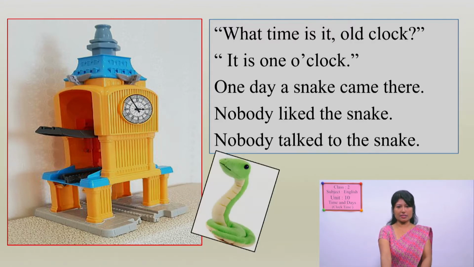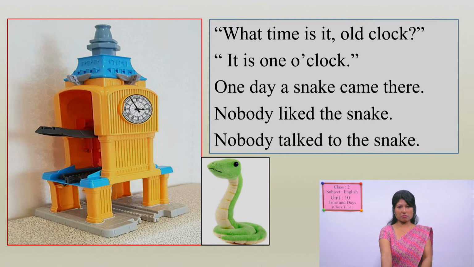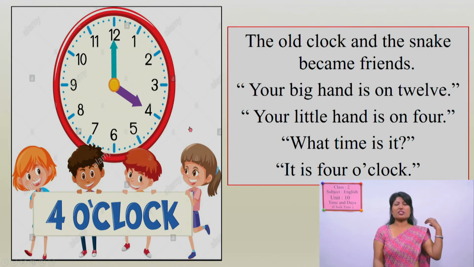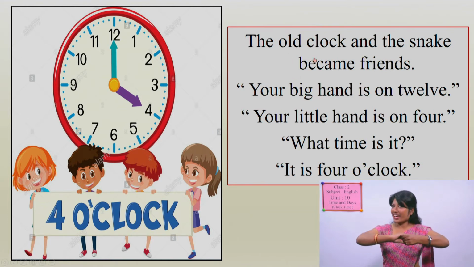See the picture of snake. Nobody liked it. Nobody talked to it. Then, the old clock and the snake became friends. But the old clock was not afraid of this snake. So they became friends.